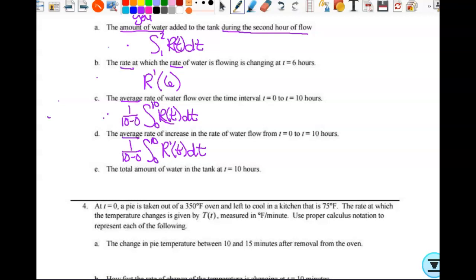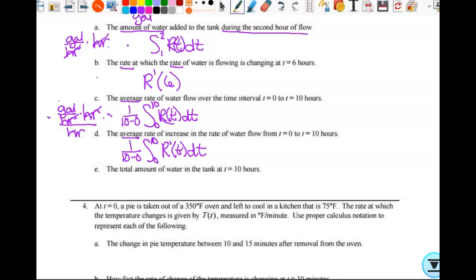And I admit, it's a little confusing why when I integrate this right here, I get gallons, and here I still get gallons per hour. Remember, that's because R of t is gallons per hour times hours, right? Those cancel out. Here, we're doing gallons per hour times hours, and then dividing by hours.